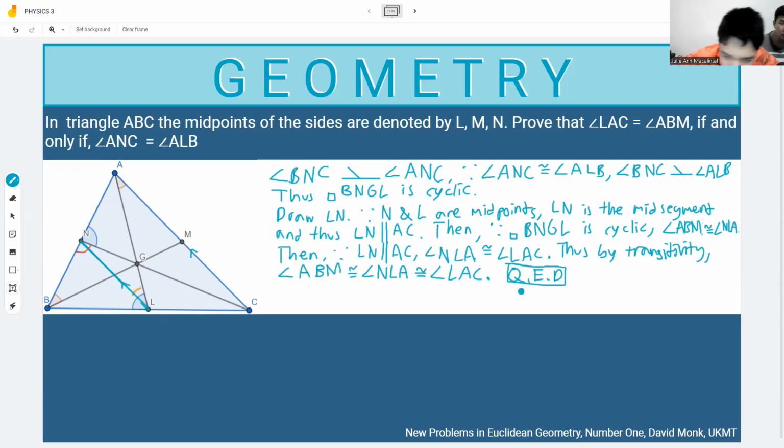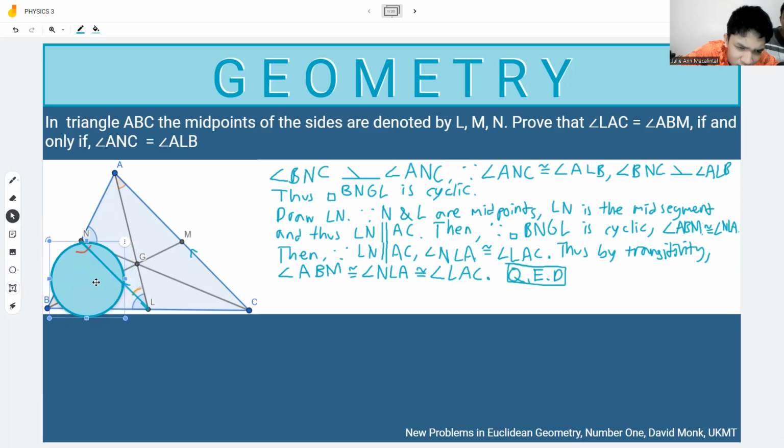Parallel, so cyclic, because if you draw a circle, they will know that it's really a demonstration of the congruence of those two angles, the cyclicity.